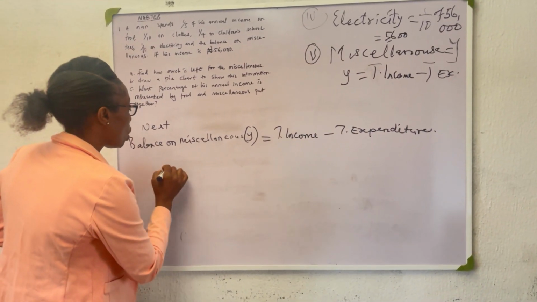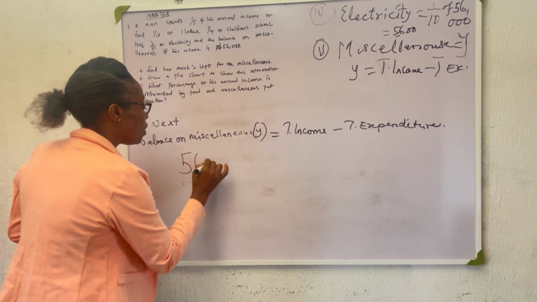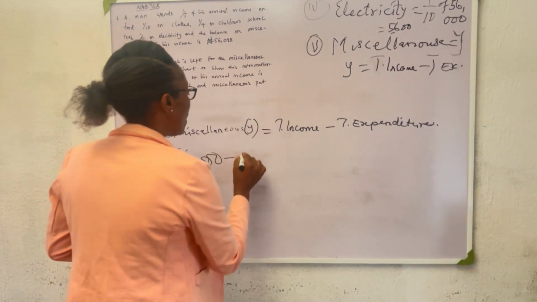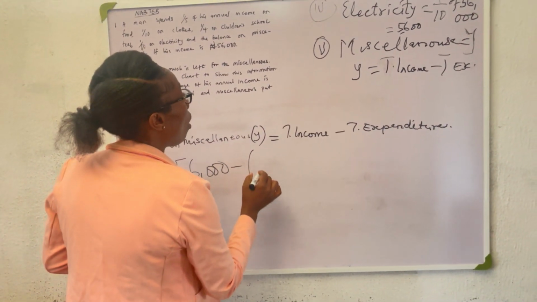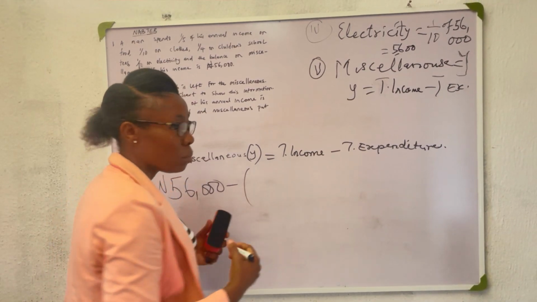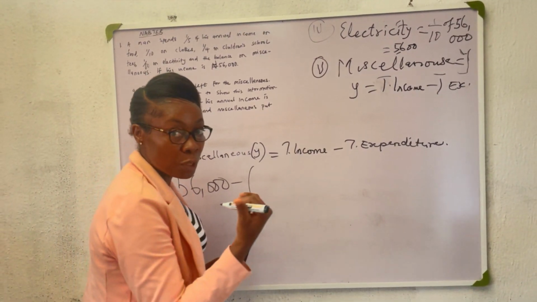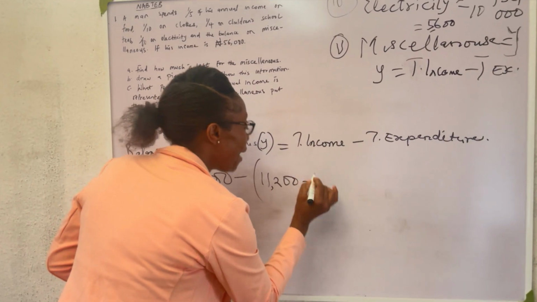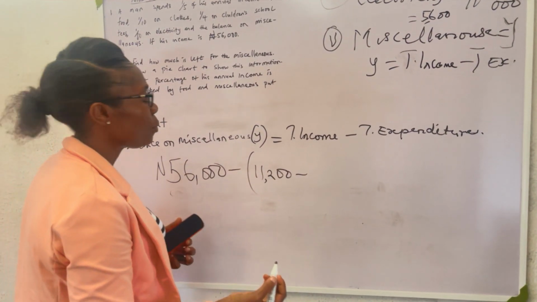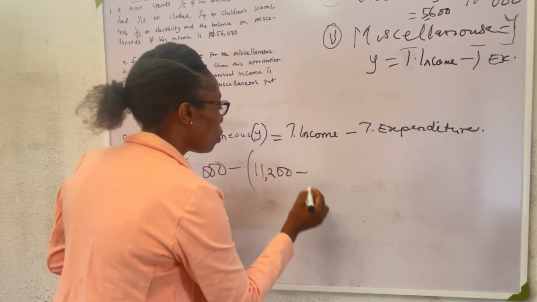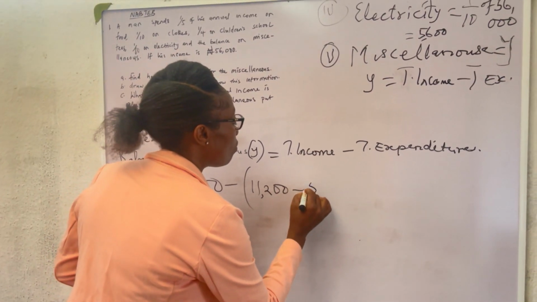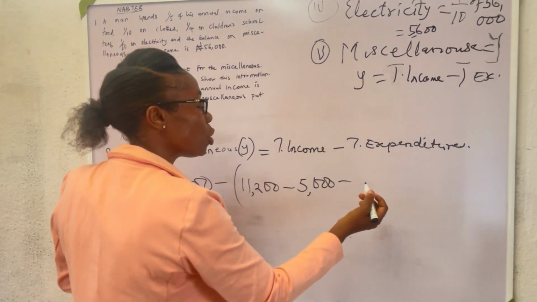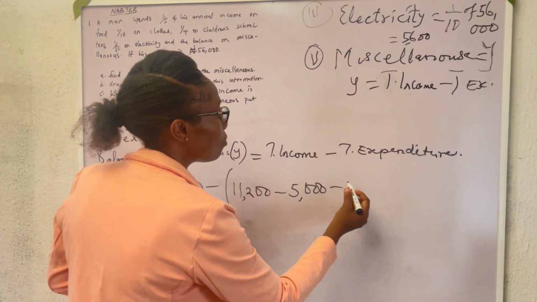So total income is 56,000 naira minus expenditure on food. What is expenditure on food? 11,200, minus the next expenditure on clothes, 5,600, minus the next expenditure on school fees.